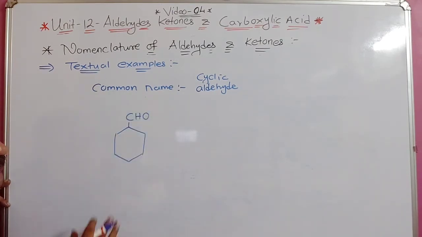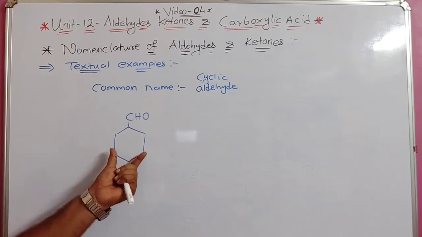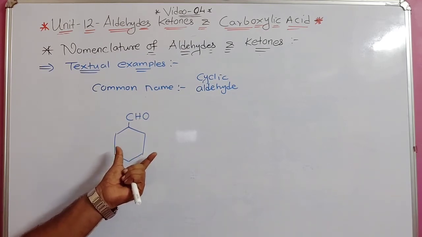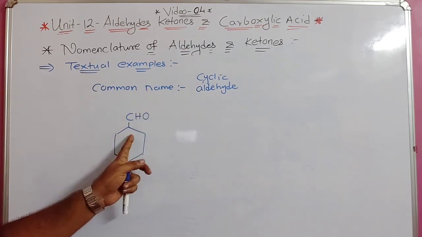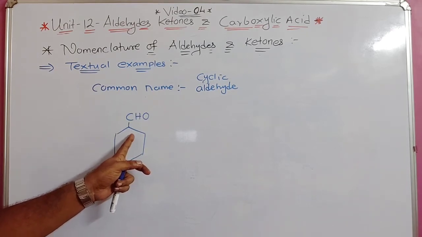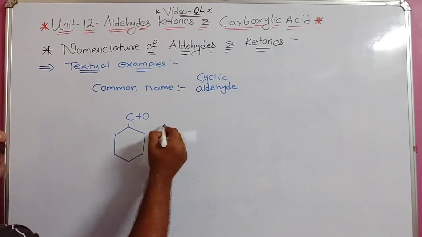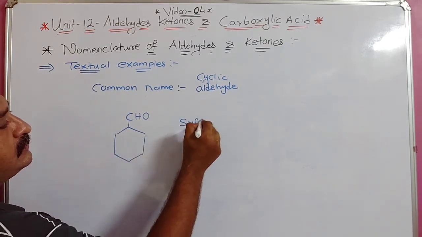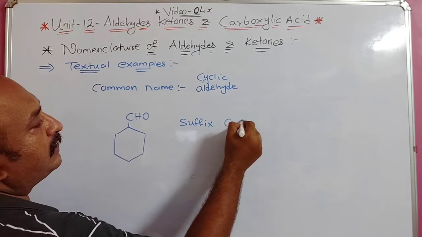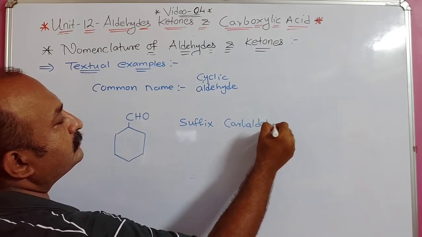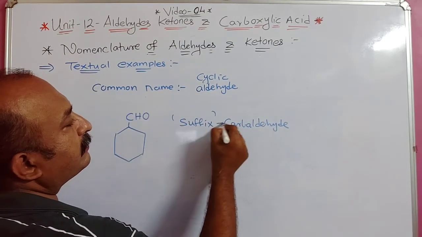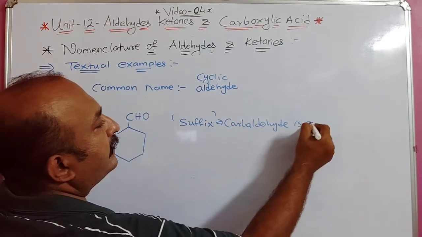Whenever this is given, you can write it down: when an aldehyde group is attached to a ring, the suffix carbaldehyde is added. What is added? Suffix carbaldehyde is added.